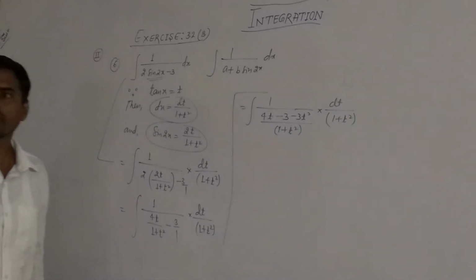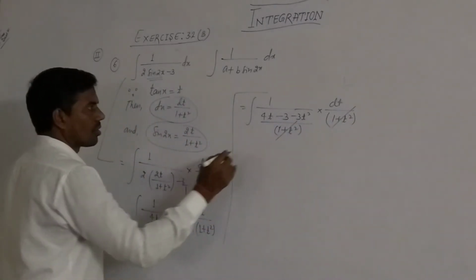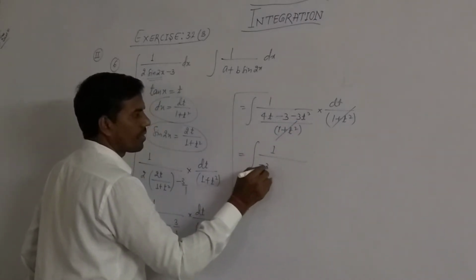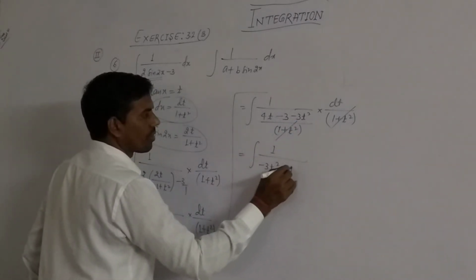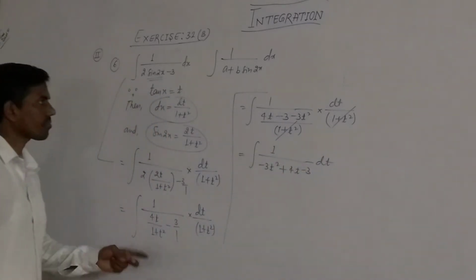The 1 plus t square terms get cancelled out. We have 1 upon minus 3t square plus 4t minus 3 dt.